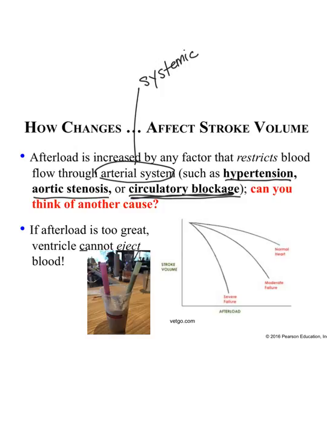So if the afterload is too great, the ventricle cannot eject the blood. So again, you don't want the pressure to be too high. That's essentially what happens when people have high blood pressure: the pressure inside the aorta is higher, so the left ventricle has to increase the amount of pressure to open the aortic semilunar valve.